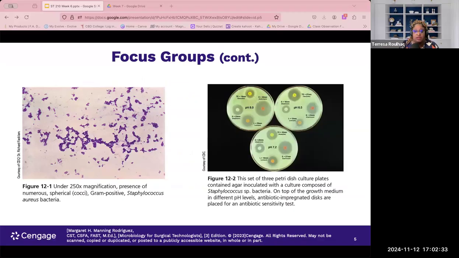Here's a breakdown of the focus group and the staining. We hear gram staining a lot. In the laboratory, it is a technique used to categorize bacteria based on the structure and composition of their cell walls. This method is important because it helps us identify the types of bacteria that might be present, guiding infection control and how we're going to treat them.